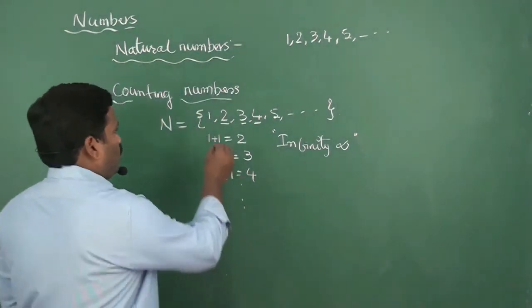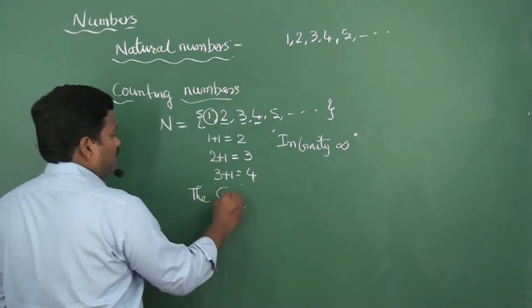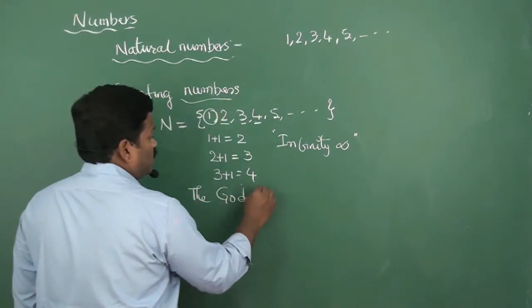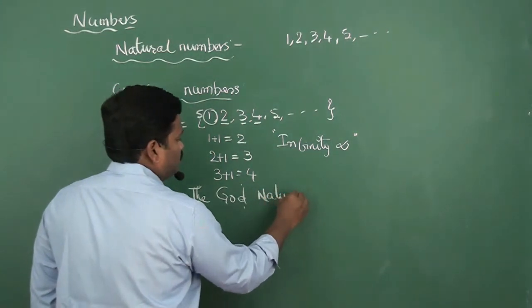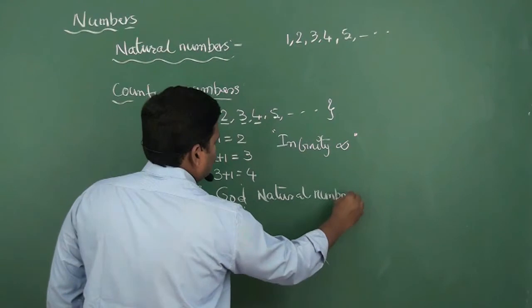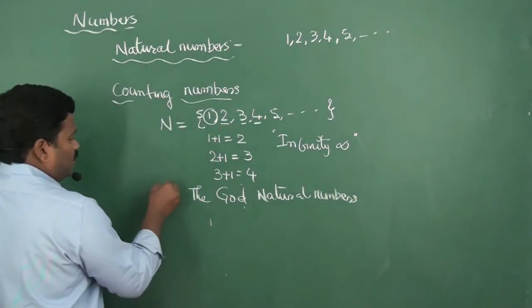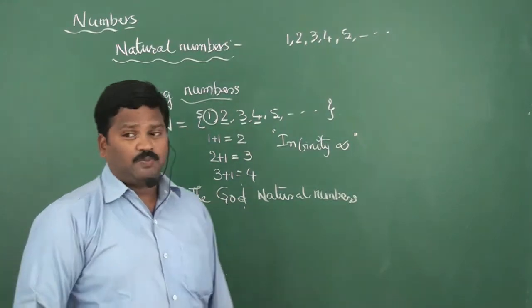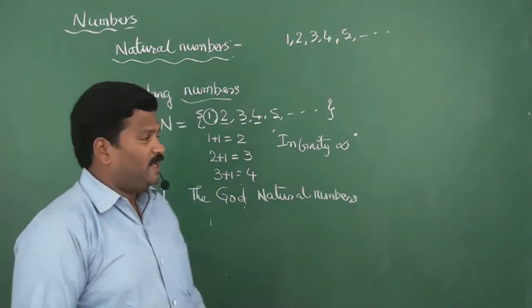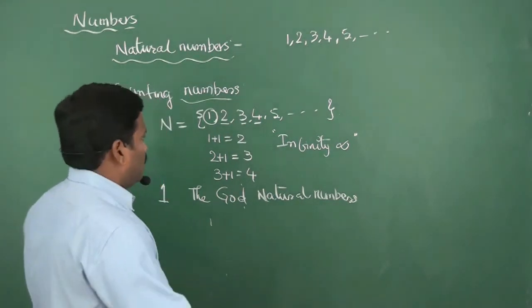That's why 1 is called the god of natural numbers, because 1 has no predecessor.